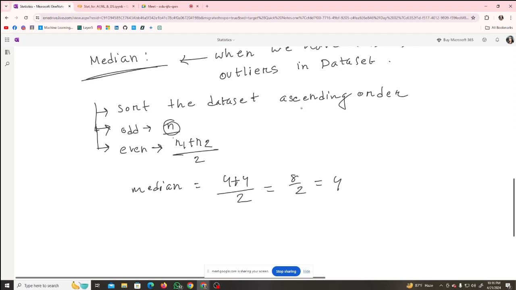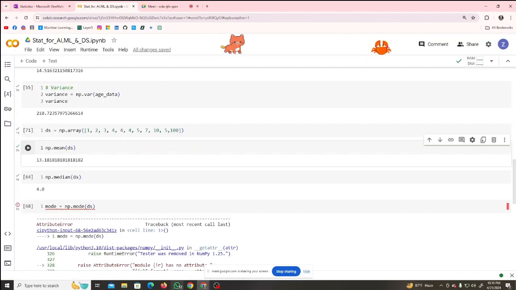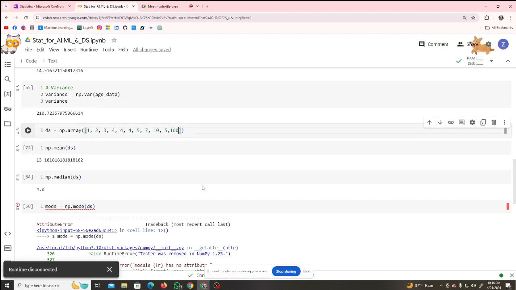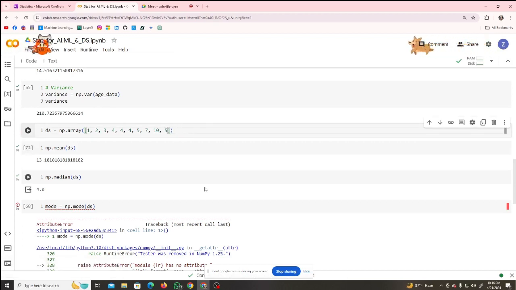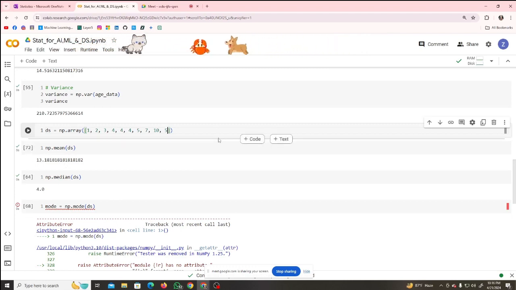Okay, I just told you that median solves the issue that mean couldn't, which is with the outliers. Now I'm going to show you. In this case, when we added 100, the mean is 13.18, right?